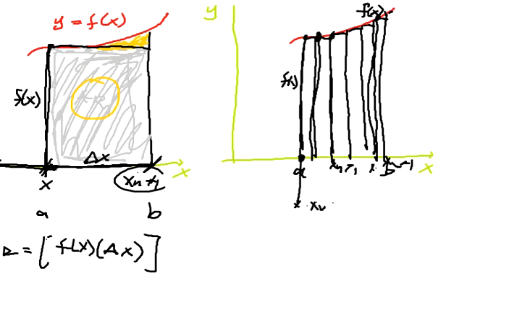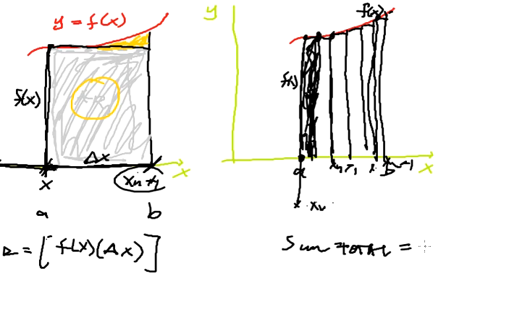And then, in order for us to get the total area of these smaller strips of rectangle, we need to sum them.